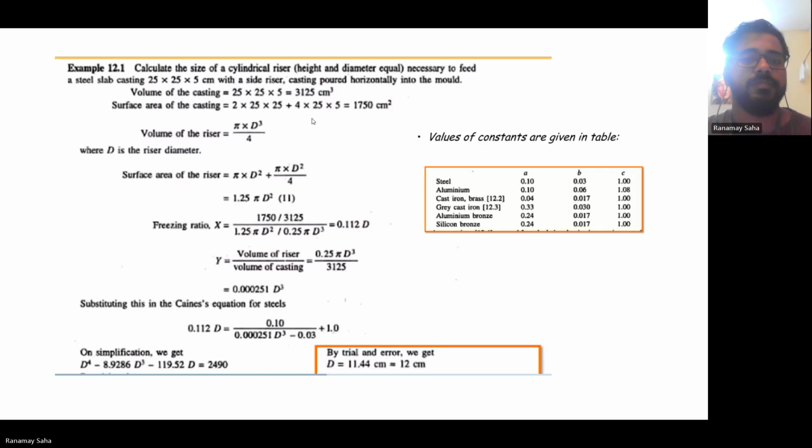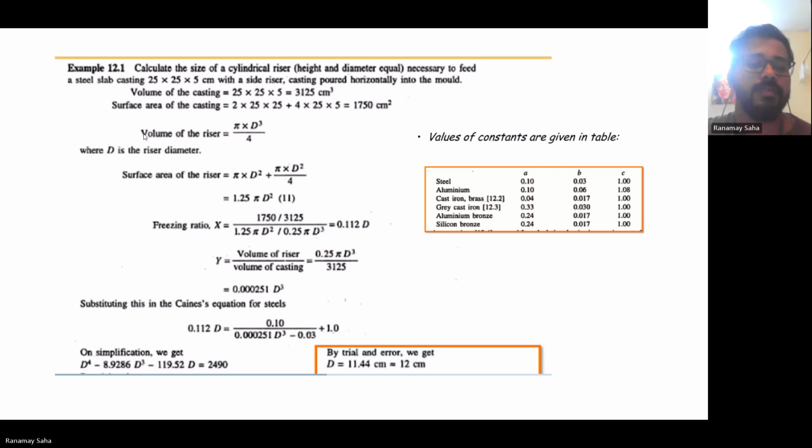This is a problem on steel, casting for a horizontal plate where the volume of the casting is twice L B, and you have the volume of the riser and volume of casting.